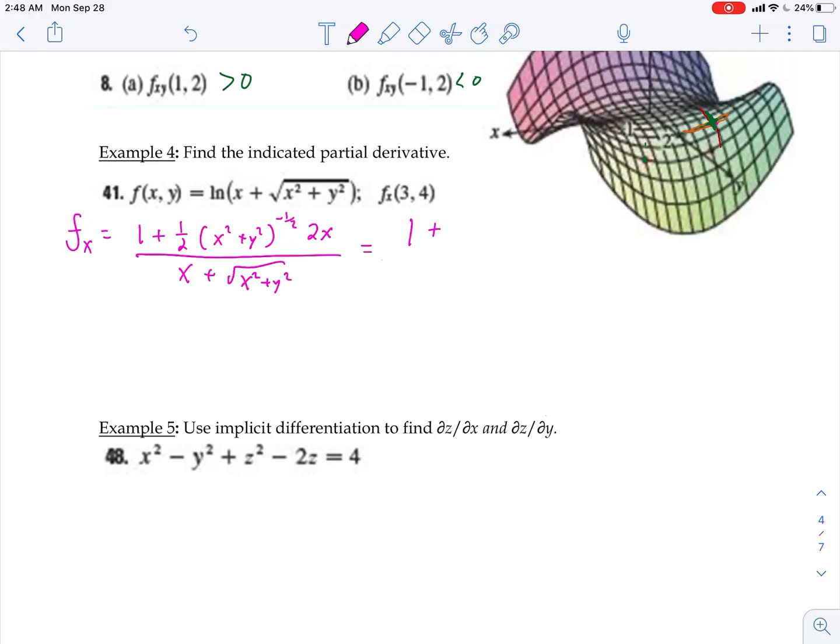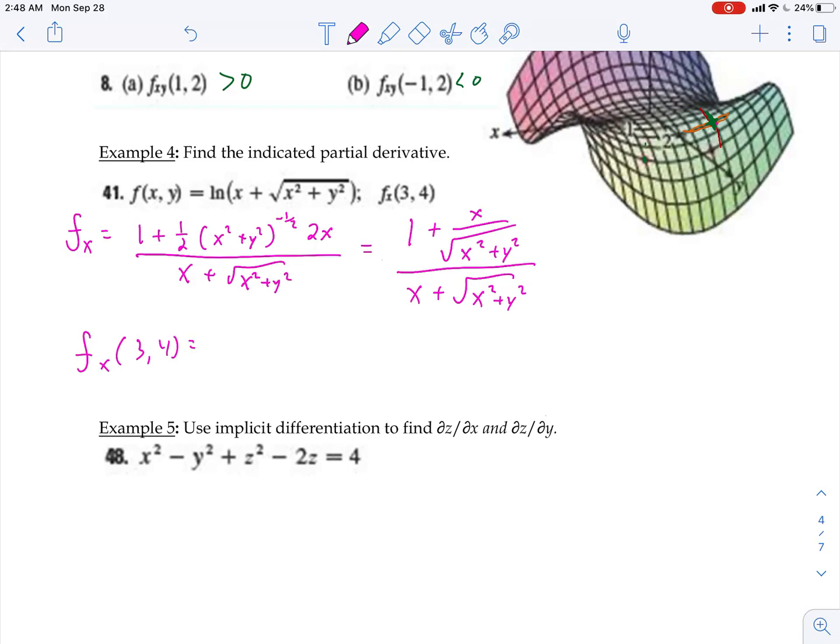I'm just going to clean that up a little bit because the 2's are going to cancel out. So I get 1 plus x over the square root of x squared plus y squared, and in the bottom I just have the same thing, x plus the square root of x squared plus y squared.